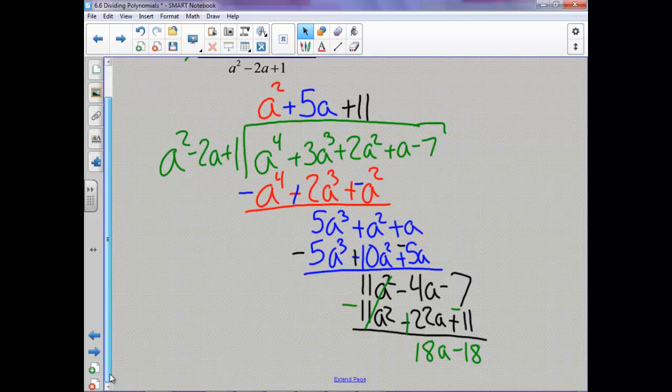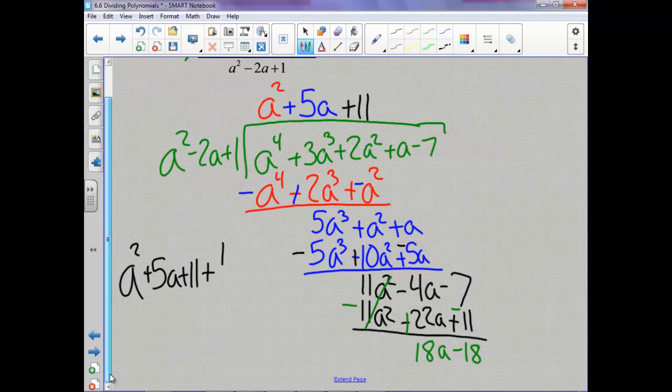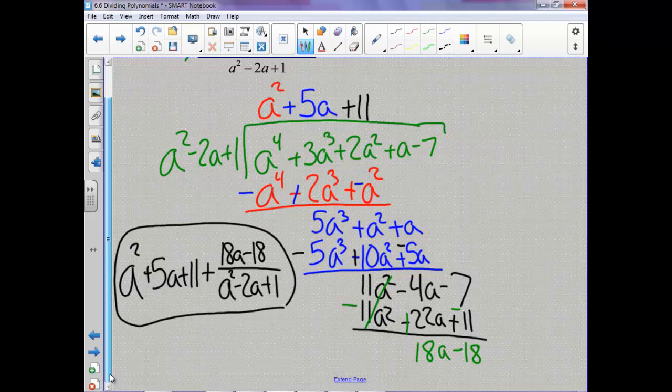That's okay. So we will write a squared plus 5a plus 11, and then plus our remainder over what we were dividing by, this a squared minus 2a plus 1. Notice this was our remainder, and so it's going to go up here.